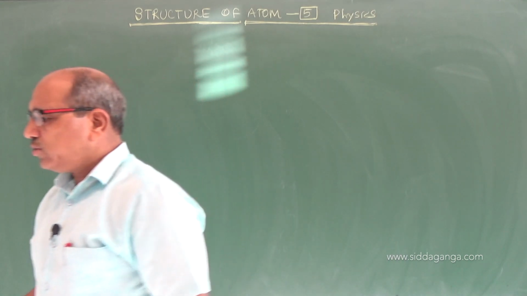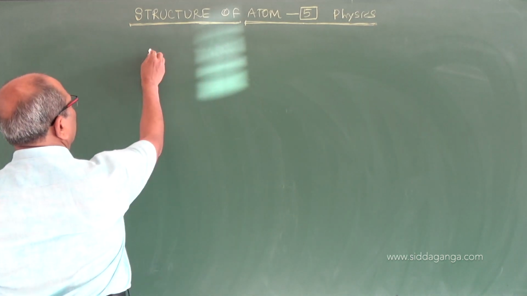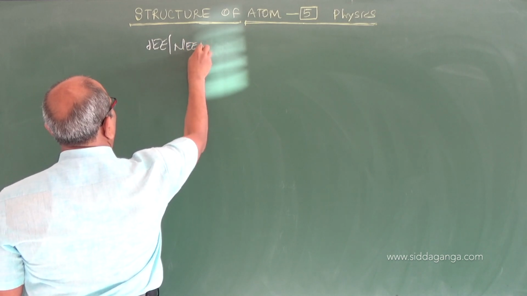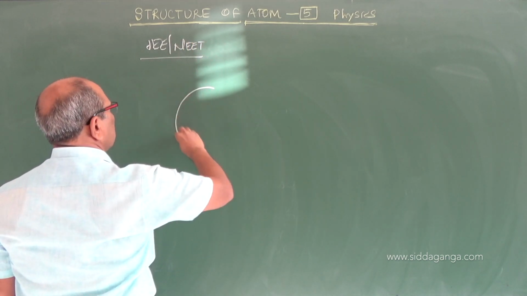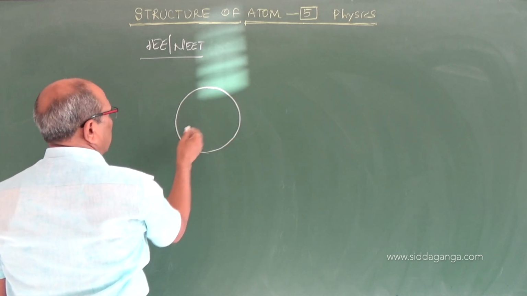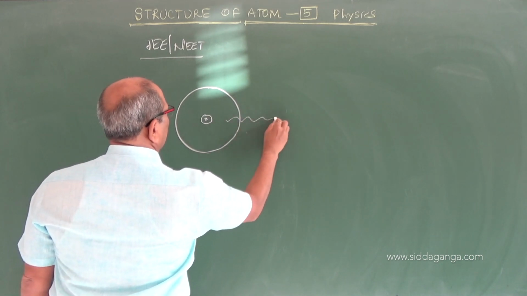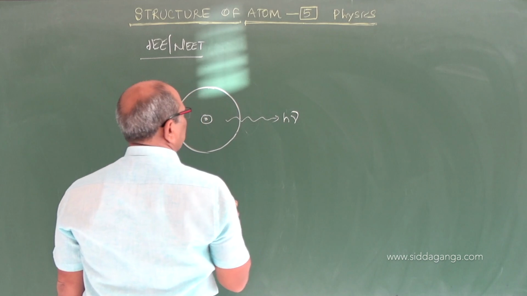In relation to the entrance view, I am saying this for JEE or NEET importance only, not for the board examination. Suppose there is a hydrogen atom and due to transitions the radiation emitted is of value h nu.